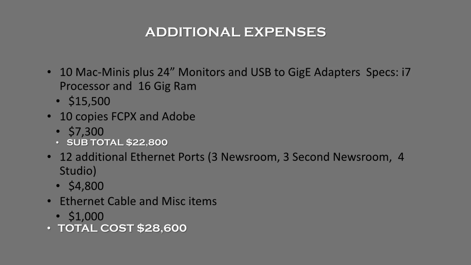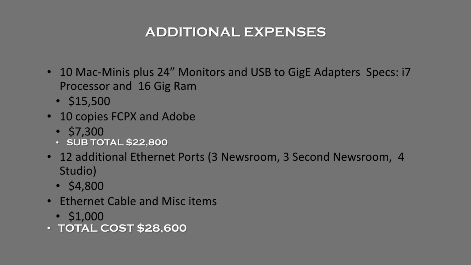In addition to the shared storage, the idea that I could have a reporter or a producer sit at a machine and type a script and then flip to another application and edit a story that they've just gotten done writing would be really a big advantage.